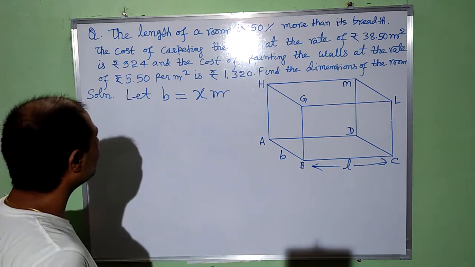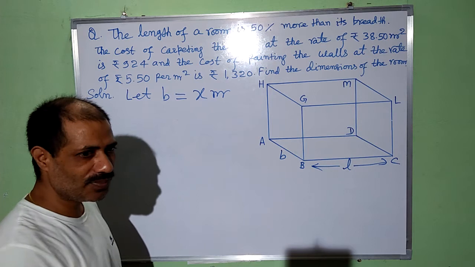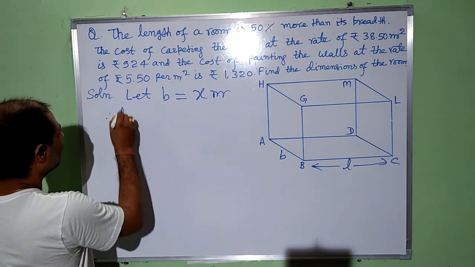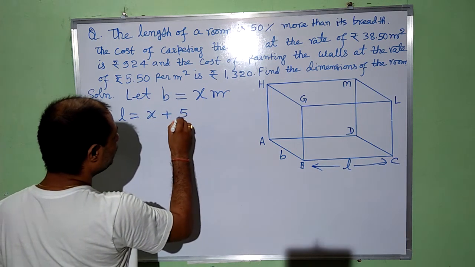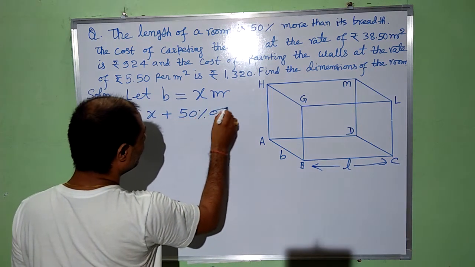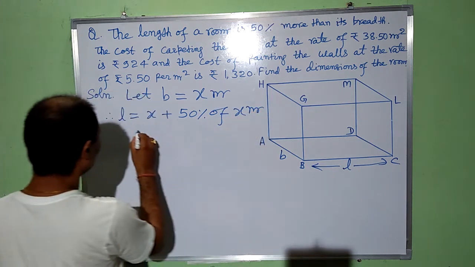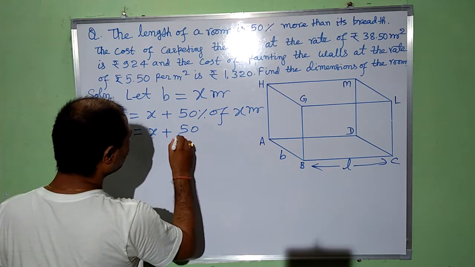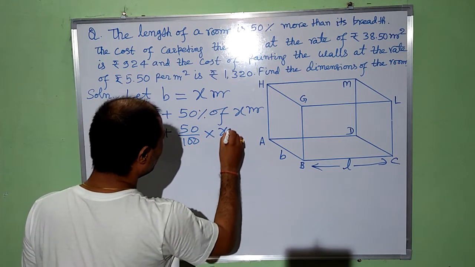Breadth is x meter, then length will be x plus 50% of x. Hence, L is equal to x plus 50% of x meter, which is x plus 50 by 100 into x meter.